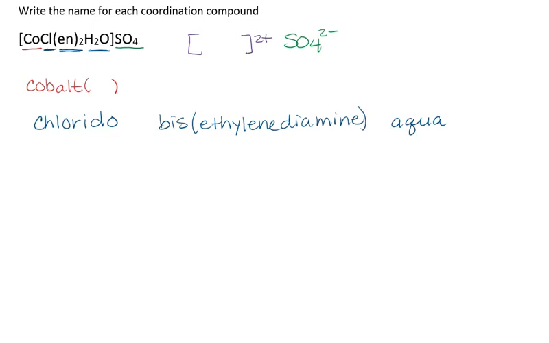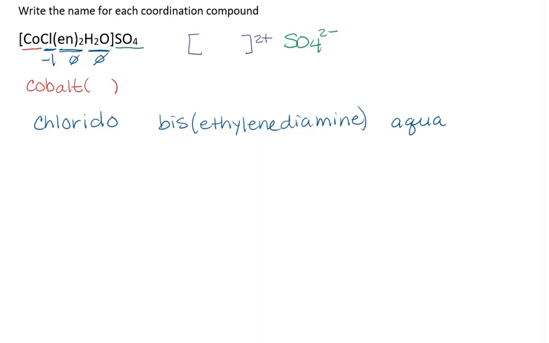The chloride has a -1 charge. The ethylene diamine and the water are 0. So knowing those charges and the charge on the complex, we can figure out the charge on the cobalt. So I'll go ahead and do that now, and then we'll figure out how we're going to arrange everything within the final name.